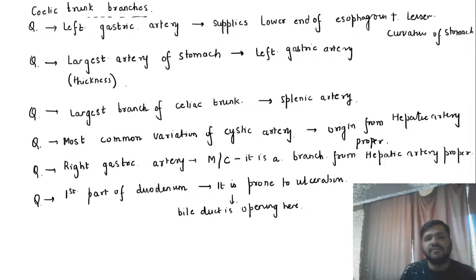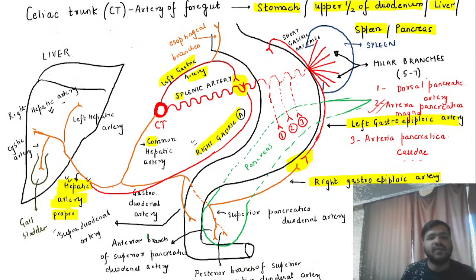You already know if there is duodenal ulceration, which artery will be eroded first? You guys tell me. I have already told you in the diagram also that it is the gastroduodenal artery, right?